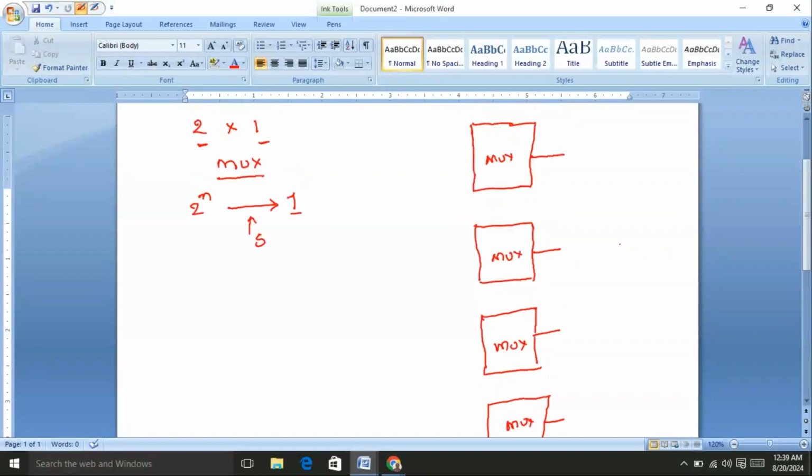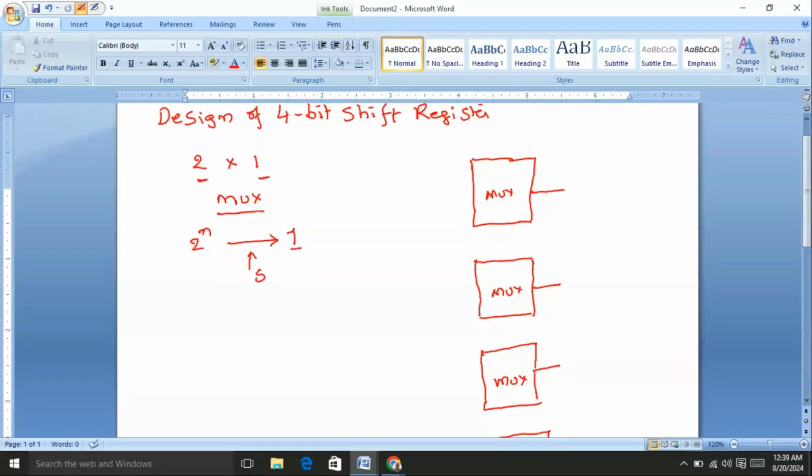So the multiplexers should have selection lines. Hence, I am going to consider one selection line, that is S. The selection line is connected to select one of the inputs of the multiplexer as output.